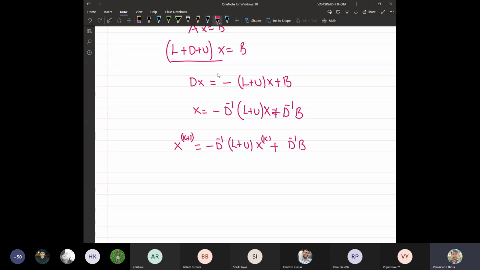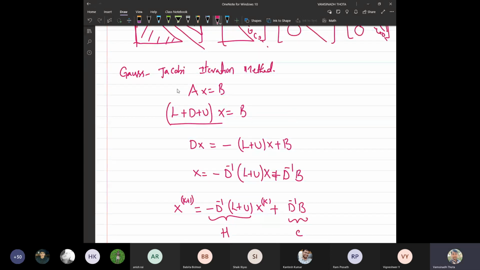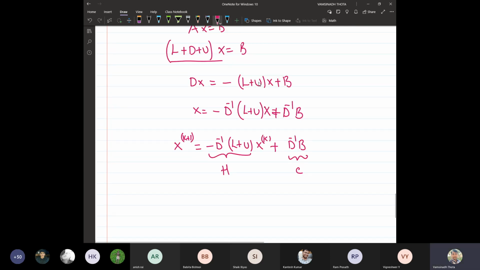This is the Jacobi method. Now, what is the iteration matrix here? The iteration matrix, this is the iteration matrix, minus this is H. And what is this one? This is C, the constant matrix. Okay. Now there is another method also, that is what we call the Gauss-Seidel iteration method. That is also similar to this one, but it is not exactly the same thing.